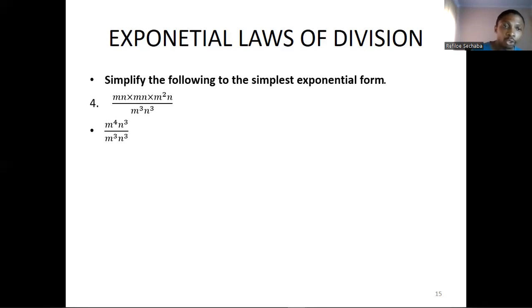If your numerator terms are linked by multiplication, and your denominator terms are linked by multiplication, and you have a base in the numerator with the same exponent as the base in the denominator, you just cross them out, and that will simply give you 1. Or you can simply follow this process that we've been doing. So you will simply write this as m to the exponent of 4 minus 3 times n to the exponent of 3 minus 3, which gives you 0.